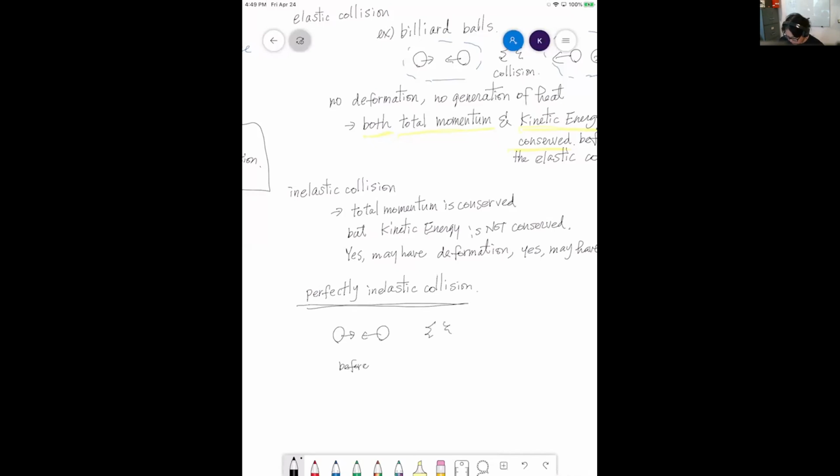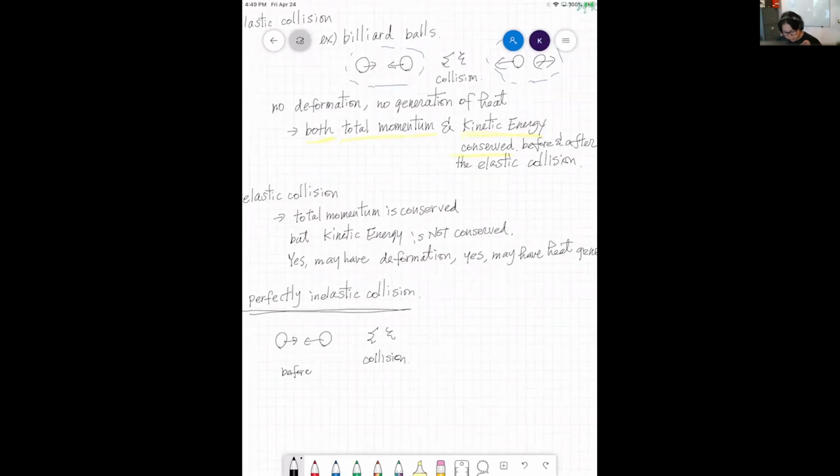And then you make a collision. This is during the collision, they're colliding with each other. And in the case of perfectly inelastic collision, they actually smush here. Objects stick together, so it becomes one, and they share the same velocity. It moves together.